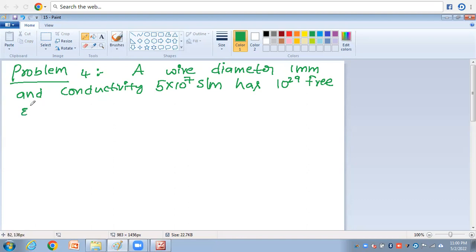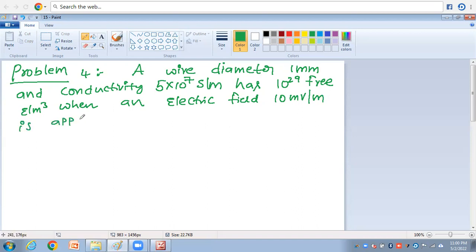Very, very important: when an electric field of 10 millivolts per meter is applied. This is the data given by the examiner.